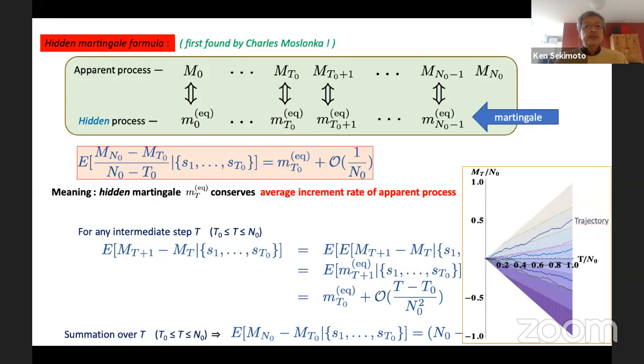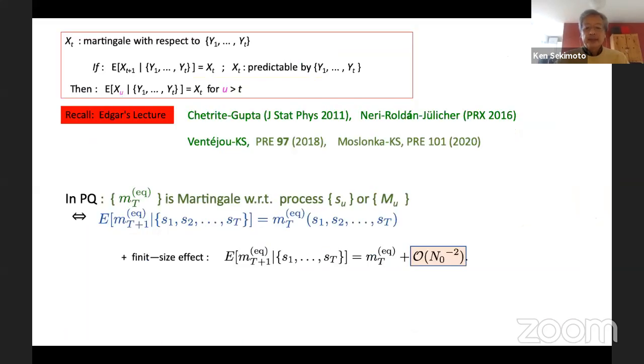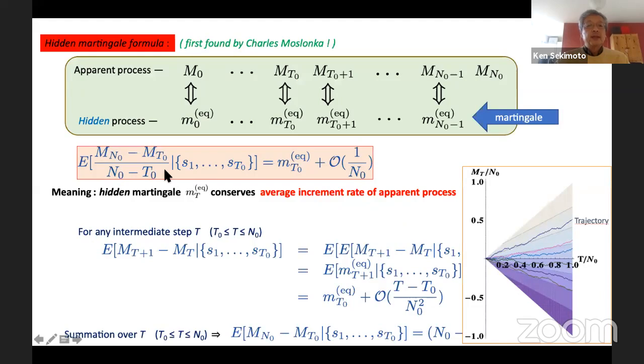The consequence of this hidden property of the Martingale on the apparent process is summarized in the second formula, which was first found by Charles Mosronka, who is my colleague. By mathematical operation on the definition of these quantities, we find what we call the hidden Martingale formula, which is summarized in this red box.